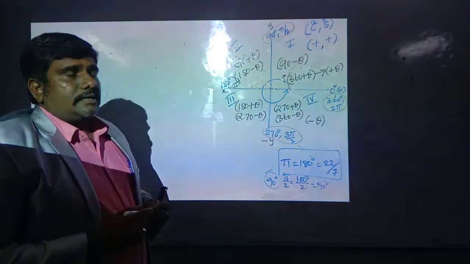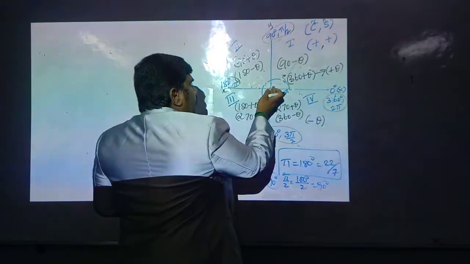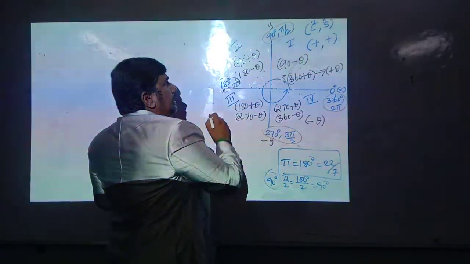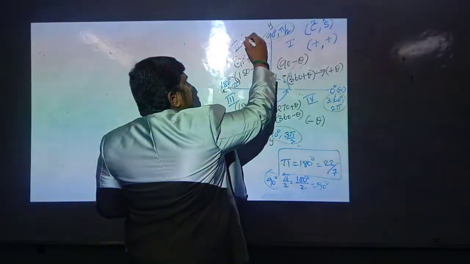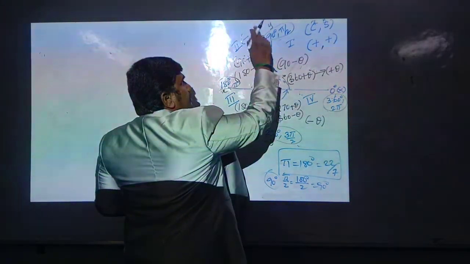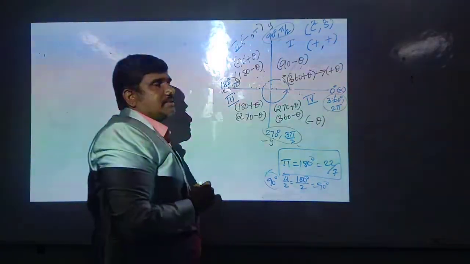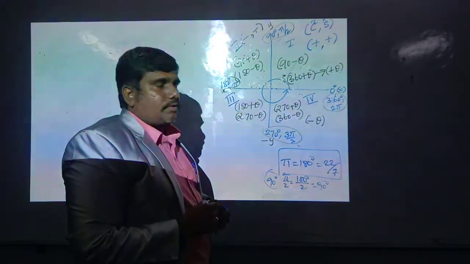If you take the second quadrant, it is lying on the negative x-axis, so we denote this as minus on the x-axis, but it lies on the positive y-axis. So minus, plus is the sign we give in the second quadrant.